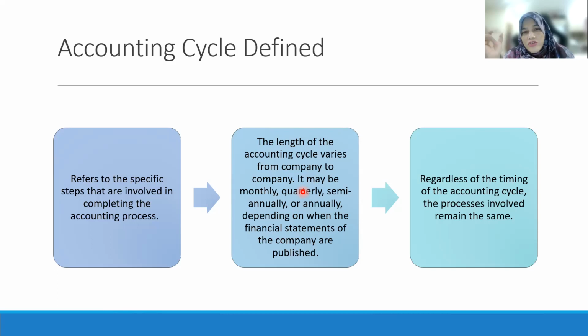And then just try to imagine how the accounting cycle would be for a company like plantation company. Plantation company like in Malaysia, we have IOI plantation, we have IJM plantation, which involve with the plantation of crude palm oil.